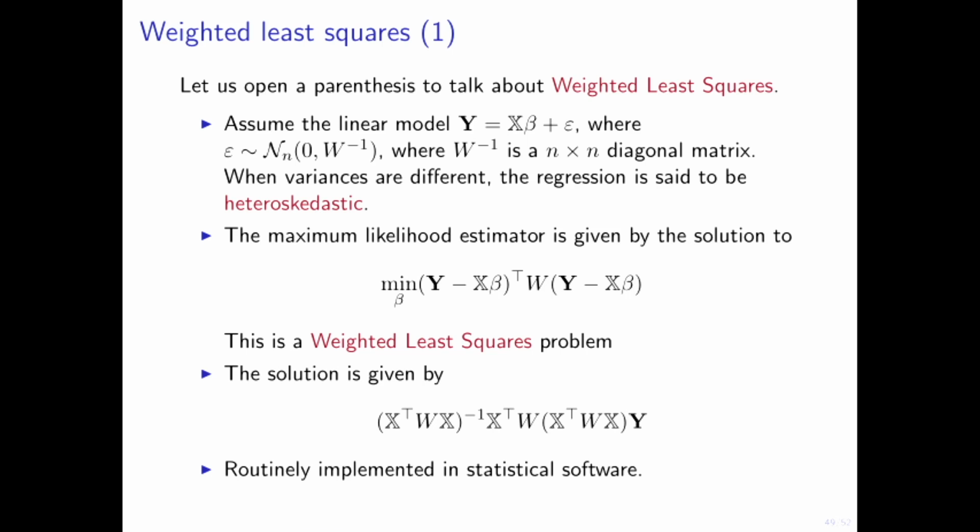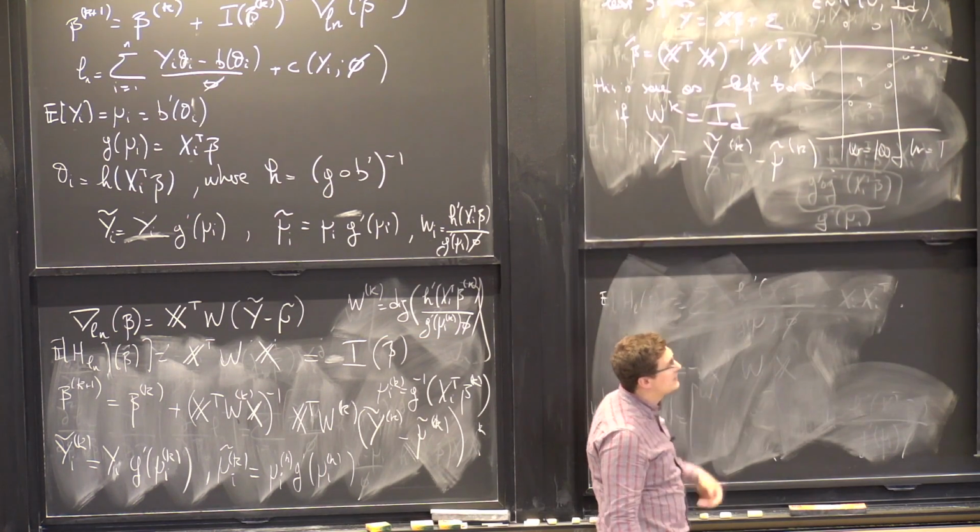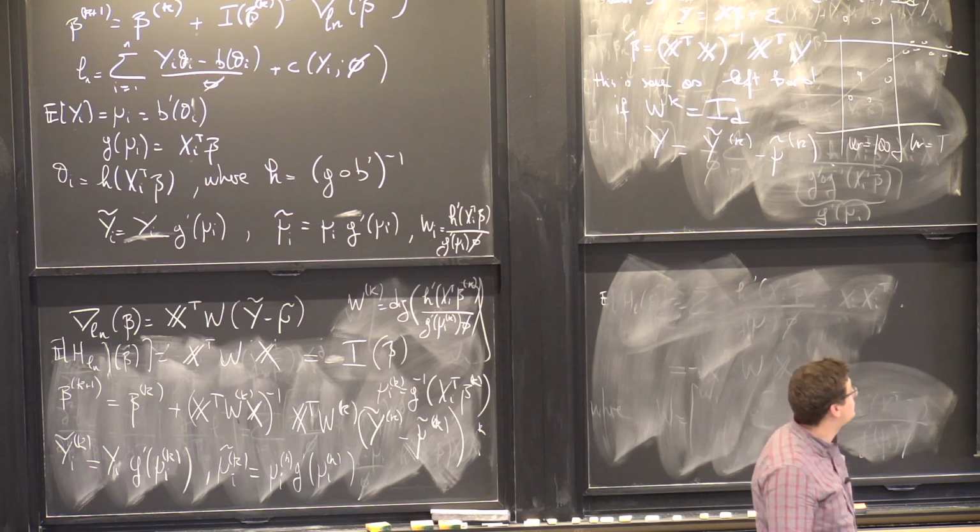Okay, so we're going to open a parenthesis on weighted least squares. It's not a fundamental statistical question, but it's useful for us because this is exactly what's going to spit out something that looks like this with this matrix W in there. So let's go back in time for a second. Assume we're still covering least squares regression.